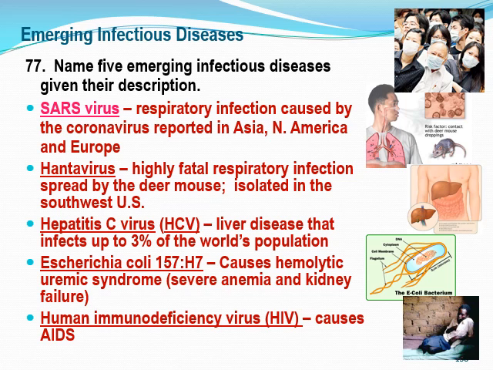So these are some of the diseases that we were talking about before COVID-19 came along. SARS, right? The hantavirus, which is a highly fatal respiratory infection, and it comes from the spread of deer mice. These particular mice are typically isolated in the southwest U.S., but it comes from when you're sweeping and there are mouse droppings on the ground and they come up.